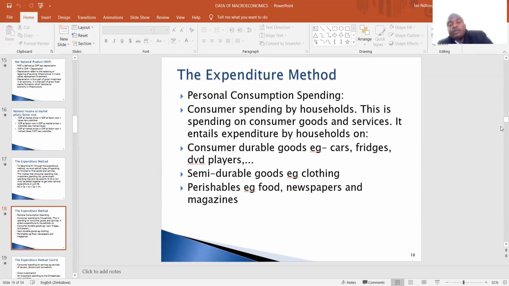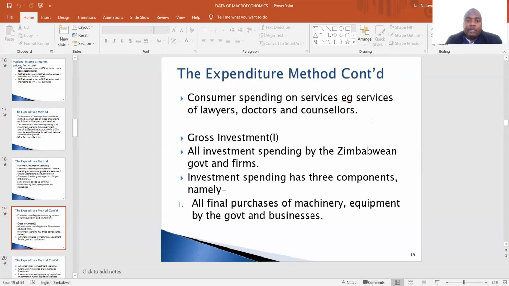Semi-durable goods, which include clothing, perishables, which include food, newspapers, and so on. And then we've got consumer spending on services, direct services of lawyers, doctors, counselors, and so on.